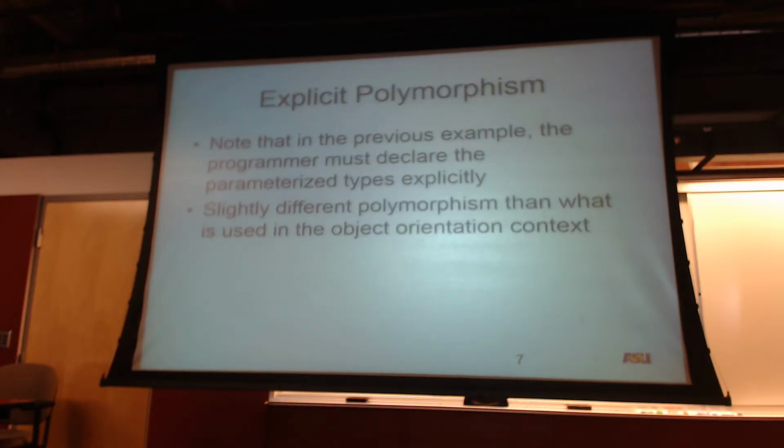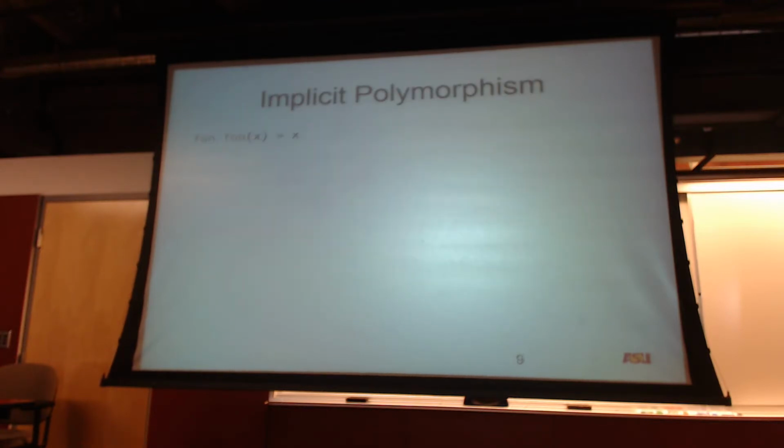But here, you are not explicitly stating. You are just saying foo x equals x. You don't say what the type of x is as an input argument. You don't say what the return type of foo is. But if you call the function as foo(10), if you give the argument 10, what will be the return value of that function?